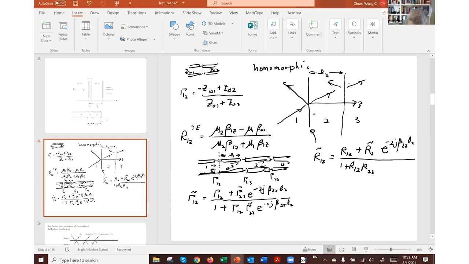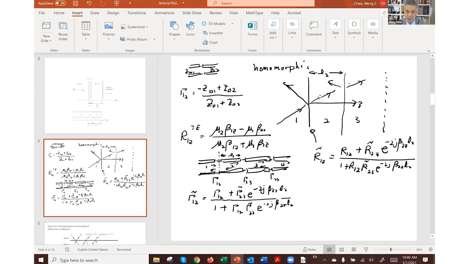Okay, this is a 3. e to the minus 2j beta 2z L2. Okay, so this is medium 1, 2, and 3. And R2,3 tilde is a generalized reflection coefficient because I could have multiple reflections coming from behind the 2,3 interface as well.